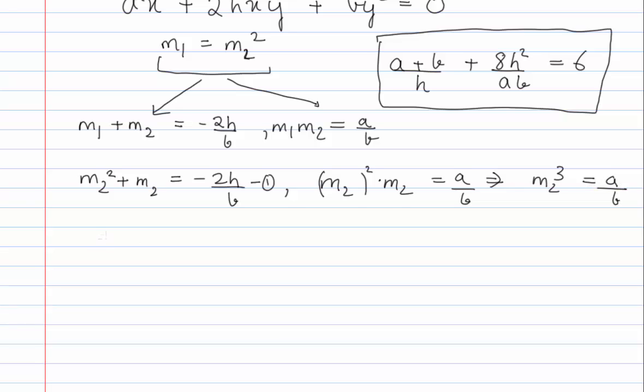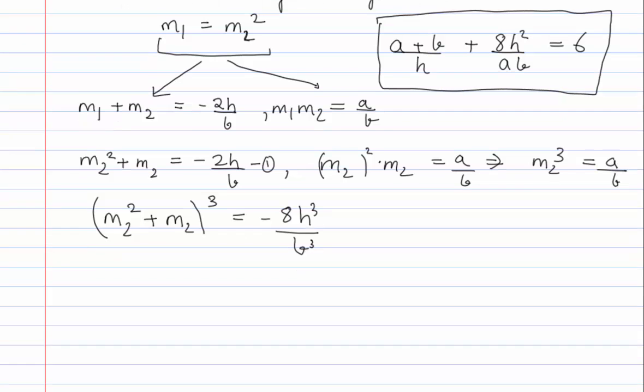Cubing both sides of equation number 1, we have (m2 squared plus m2) whole cube is equal to minus 8h cube upon b cube, right? Just cubing the right hand side and left hand side.